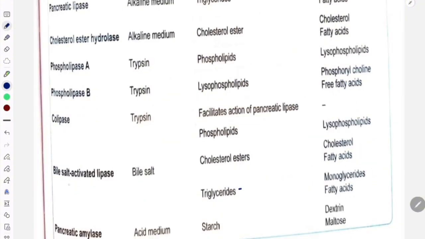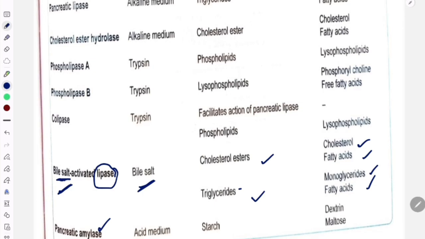The other important lipase is the bile activated lipase. This type of lipase requires bile salts for its activation. It acts on cholesterol esters and triglycerides. The cholesterol esters are converted into cholesterol and fatty acids, whereas the triglycerides are converted into monoglycerides and fatty acids. And the amylolytic enzyme we have is pancreatic amylase.